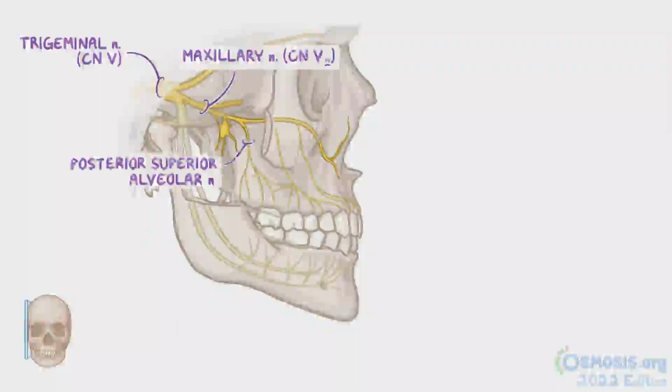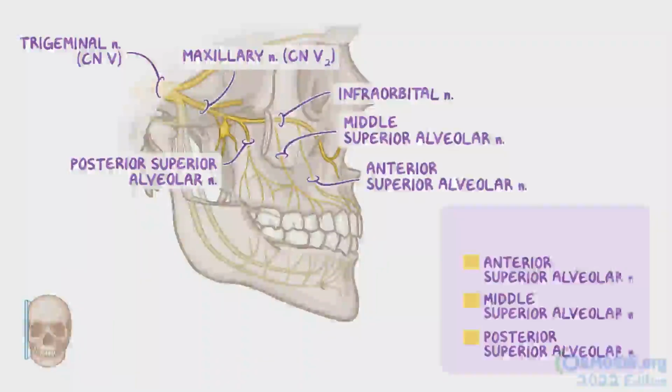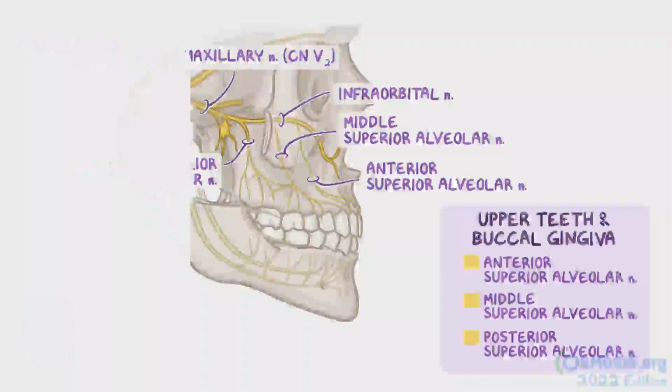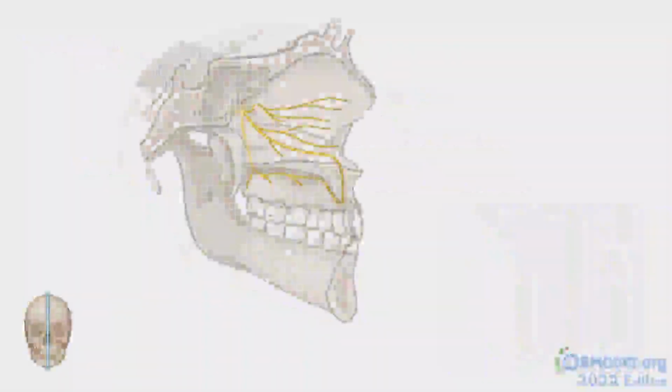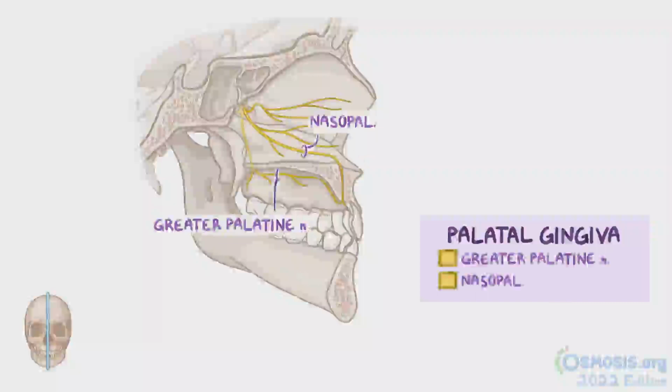Then, in the orbit, another branch of the maxillary nerve, called the infraorbital nerve, gives the middle and anterior superior alveolar nerves. These three superior alveolar nerves innervate the upper teeth and the buccal gingiva. The palatal gingiva is innervated by another two branches of the maxillary nerve, the greater palatine and the nasopalatine nerves.